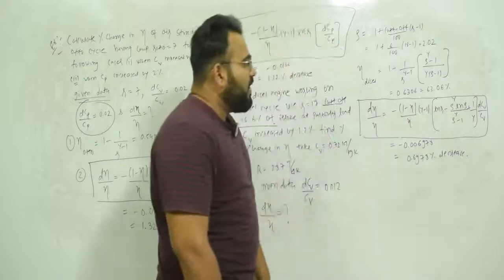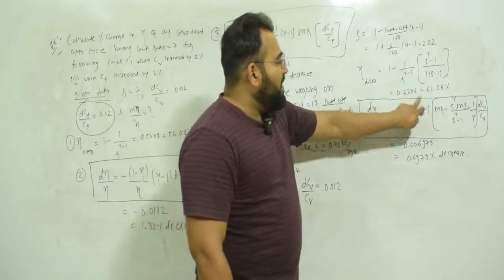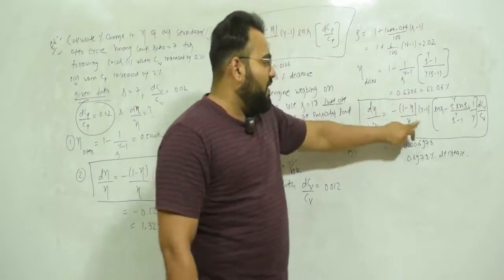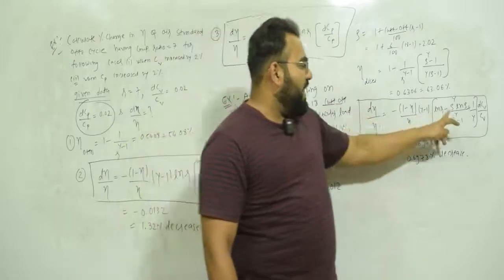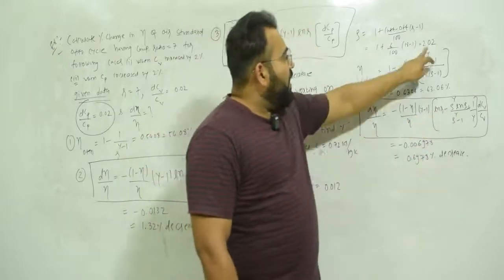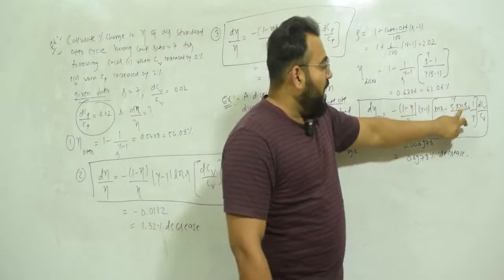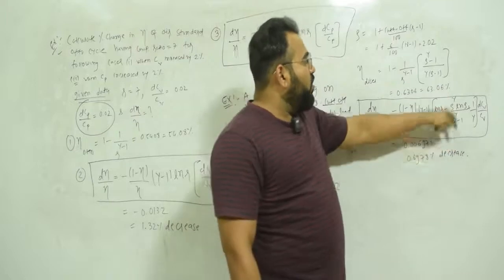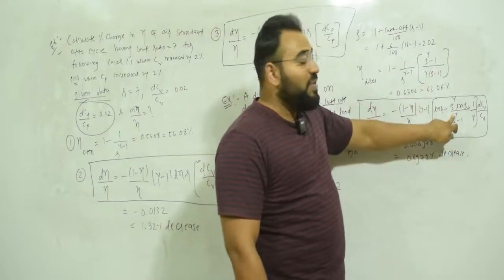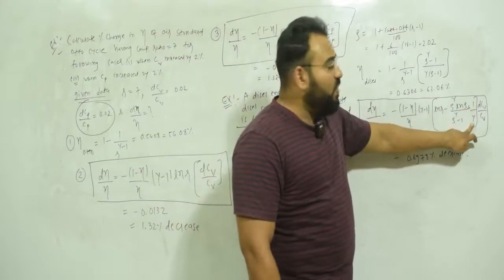Now let us put in all the values. Minus (1 minus 0.6306) upon 0.6306, gamma 1.4, ln R where R is 18, so ln 18, minus rho, which is 2.02, raised to 1.4, ln 2.02, upon rho raised to gamma minus 1, that is 2.02 raised to 1.4 minus 1, plus 1 upon 1.4, into dCv upon Cv.